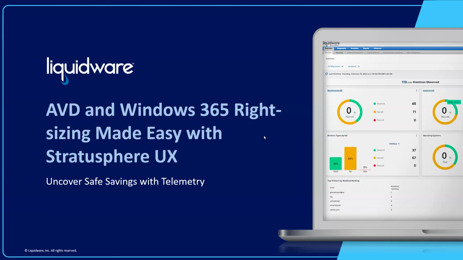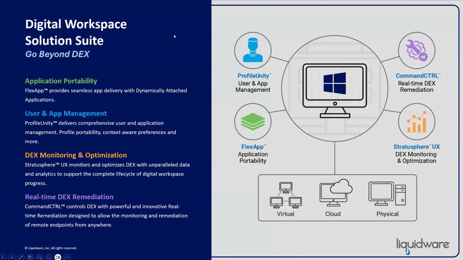So let's get started. Just in case anyone is not aware of who Liquidware are and what we do, we have a suite of solutions, which we call our Digital Workspace Solutions Suite. We have our application portability solution, Flex App, which is all about delivering apps seamlessly.